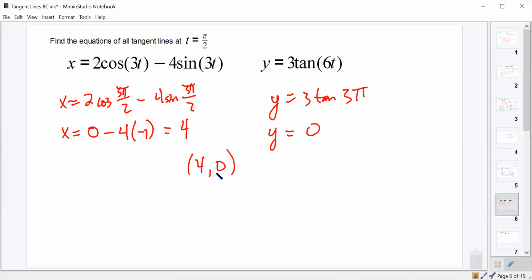And so now what do we need? Now we need the derivative to find the slope. So dy/dx should be dy/dt over dx/dt. And what's dy/dt going to be? It should be 18 secant squared 6t. Everybody agree with our numerator there?